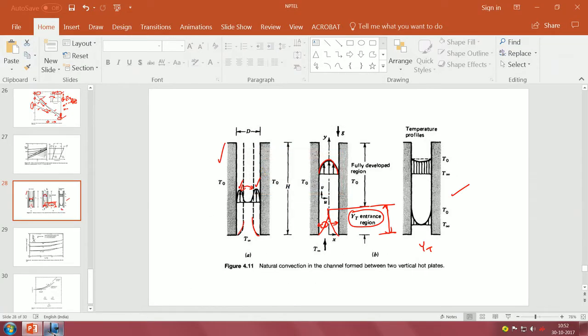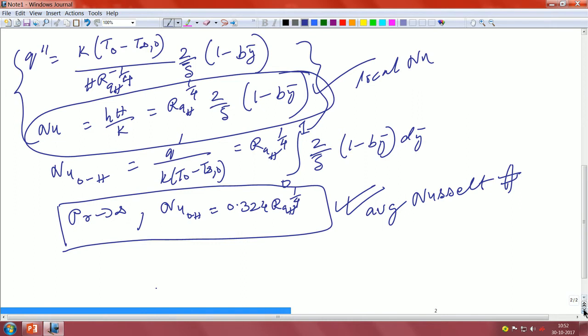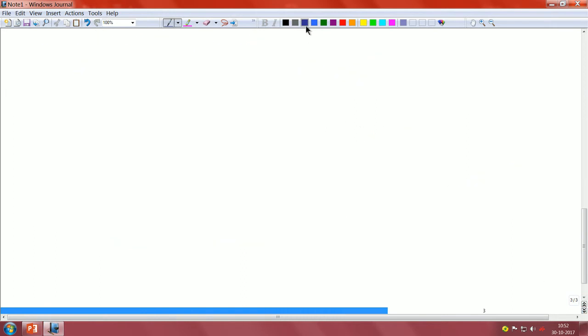Let us go to our little notes. Having laid down the problem, this is widely used in electronic cooling.